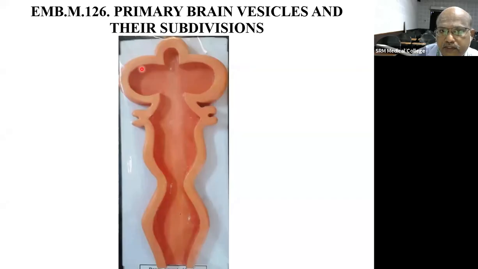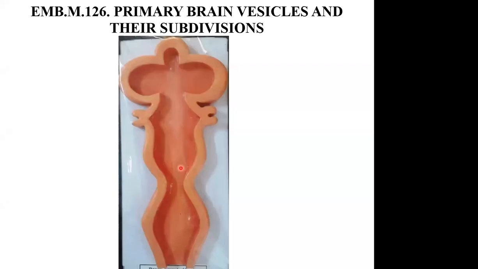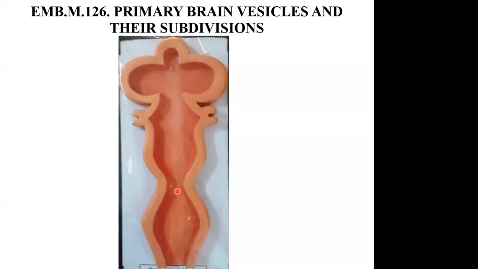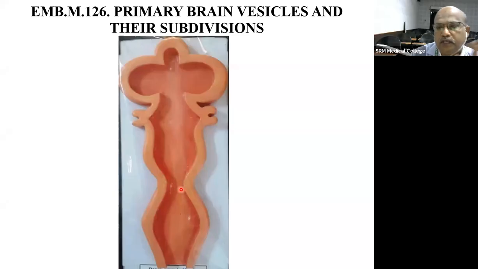This part is the diencephalon giving rise to the third ventricle. Now this is your rhombencephalon, and that cavity is the fourth ventricle. Connecting these two, what we have is the cerebral aqueduct. That's all about this model. This is for the cavity. That's all about your development of the brain.